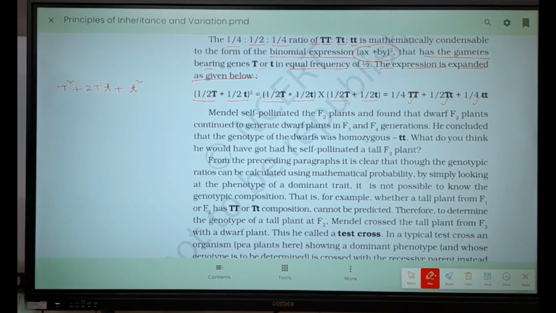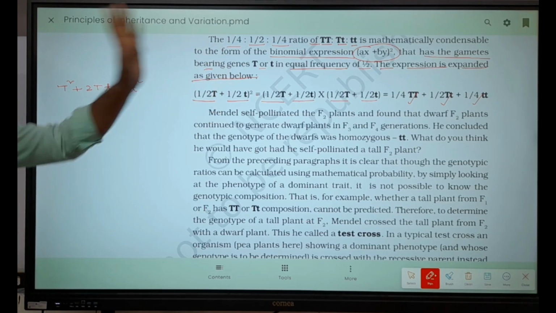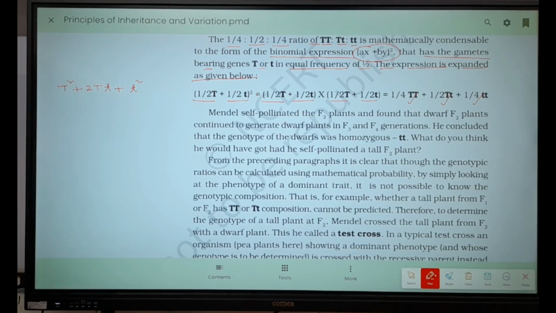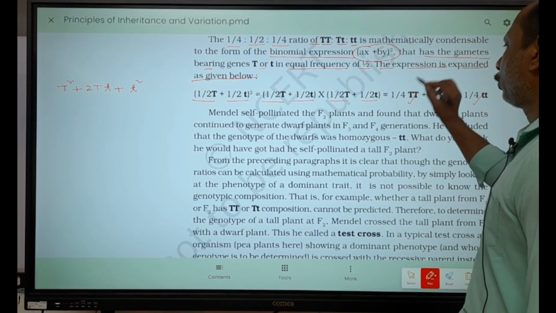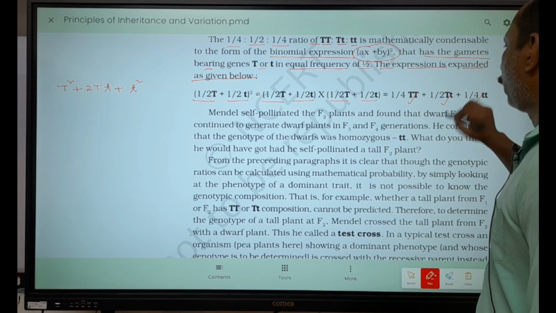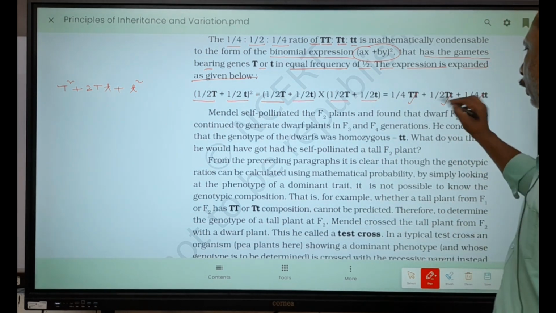This is the same, right? 1/4, 1/2 and 1/4. Simply you can see here, 1/4 means what? If I take the square, 1/4 square means 1/2, 1/2 square means 1, and 1. It is also simply we can say, right, this one.